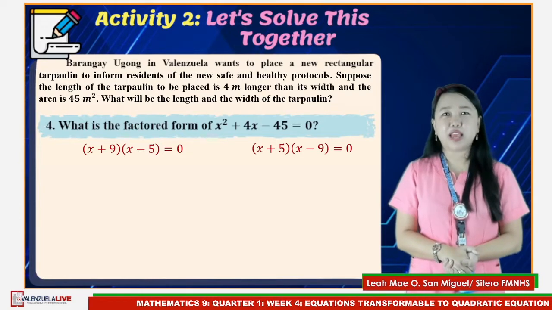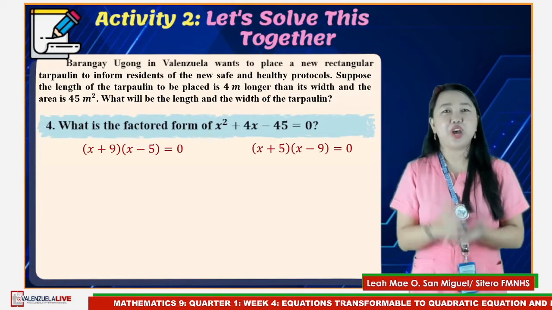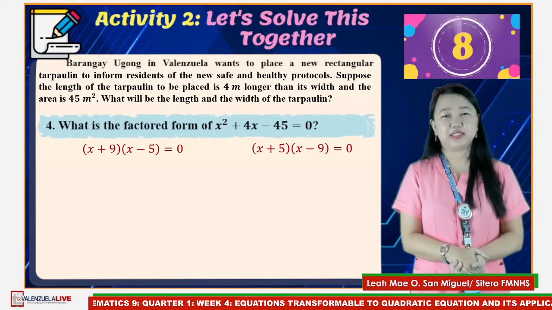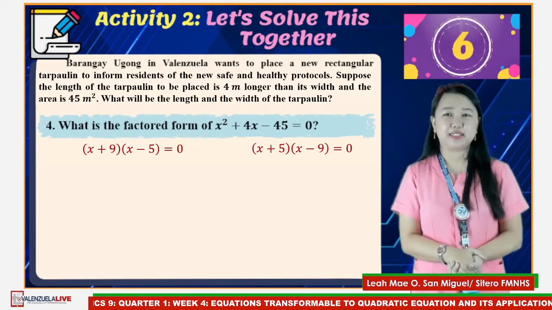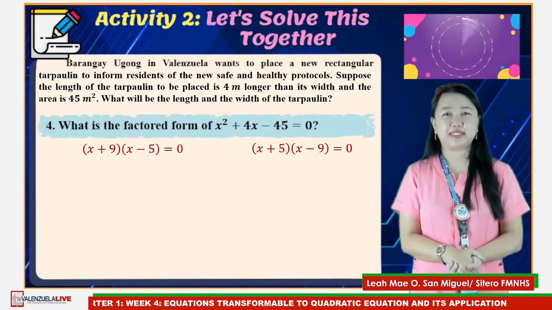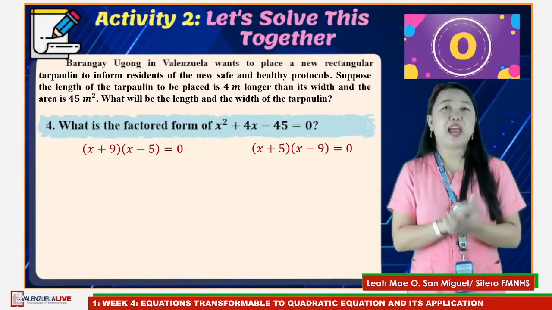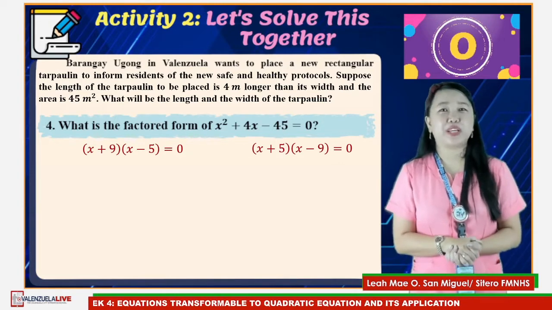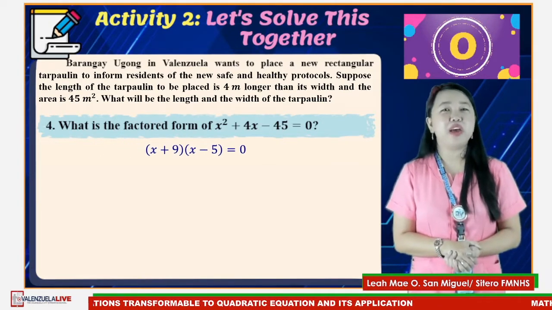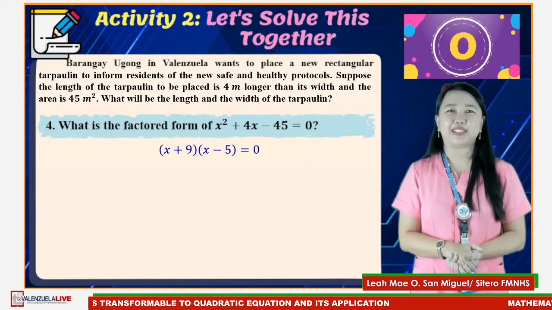You have 10 seconds to comment your answer. Go! Time's up. If you answered x plus 9 times x minus 5 equals 0, then you are correct.